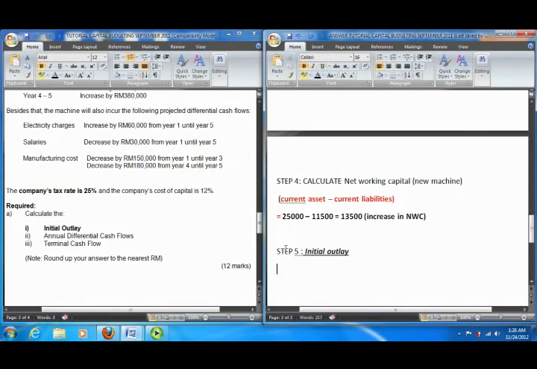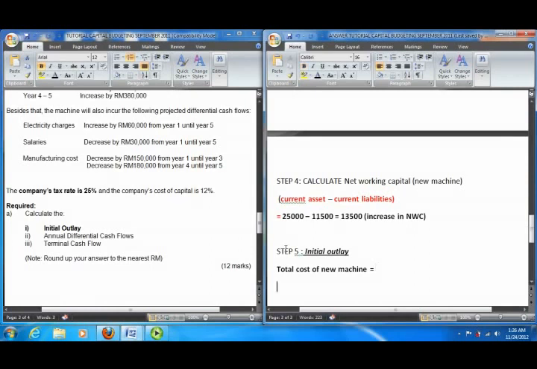Class, actually step 1 is very important. I repeat, step 1 is very important because you can only substitute the information into step 5. First, the formula: total cost of new machine. Total cost of new machine.